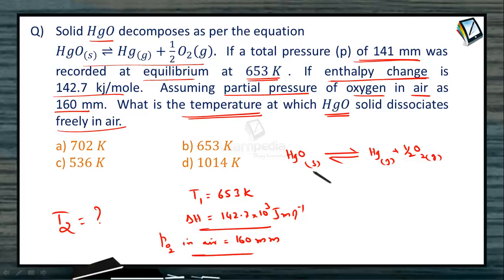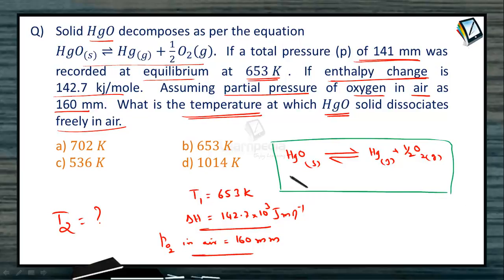And if we observe this given system at equilibrium, what we find is that every 1 mole of solid dissociates, we get 1 mole of Hg and half mole of oxygen, both are gases. In other words, the mercury vapor and oxygen are always liberated in the ratio of 2:1. And it is mentioned that the total pressure P total recorded at equilibrium because of these two gases is 141 mm.